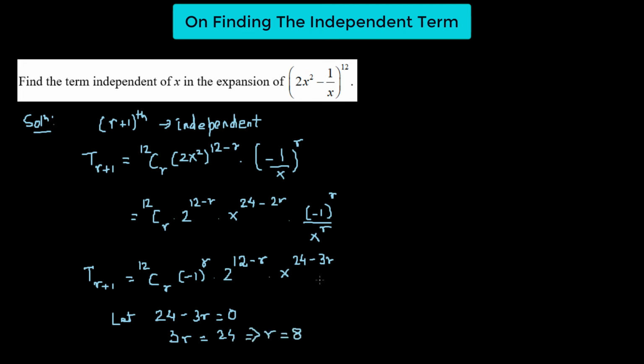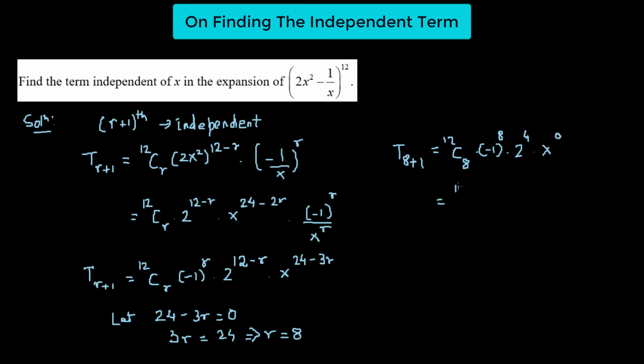Now we substitute the value into tr plus 1, so that should give us t, 8 plus 1 is equal to 12c8 times negative 1 raised to the power 8 times 2 raised to the power 12 minus 8 is 4 times x raised to the power of 0.